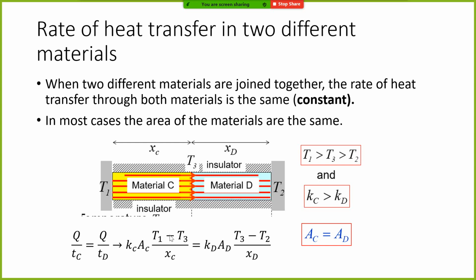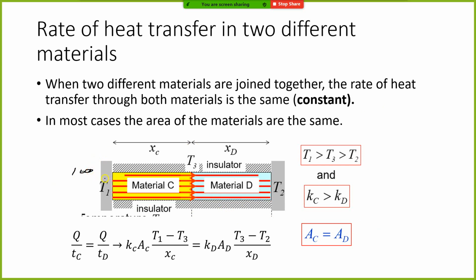So here I have metal C and I have metal D. Whatsoever heat is going to be transferred from temperature 1, let me say that again. Let's imagine that T1 has a temperature of, say, maybe 100 degrees.